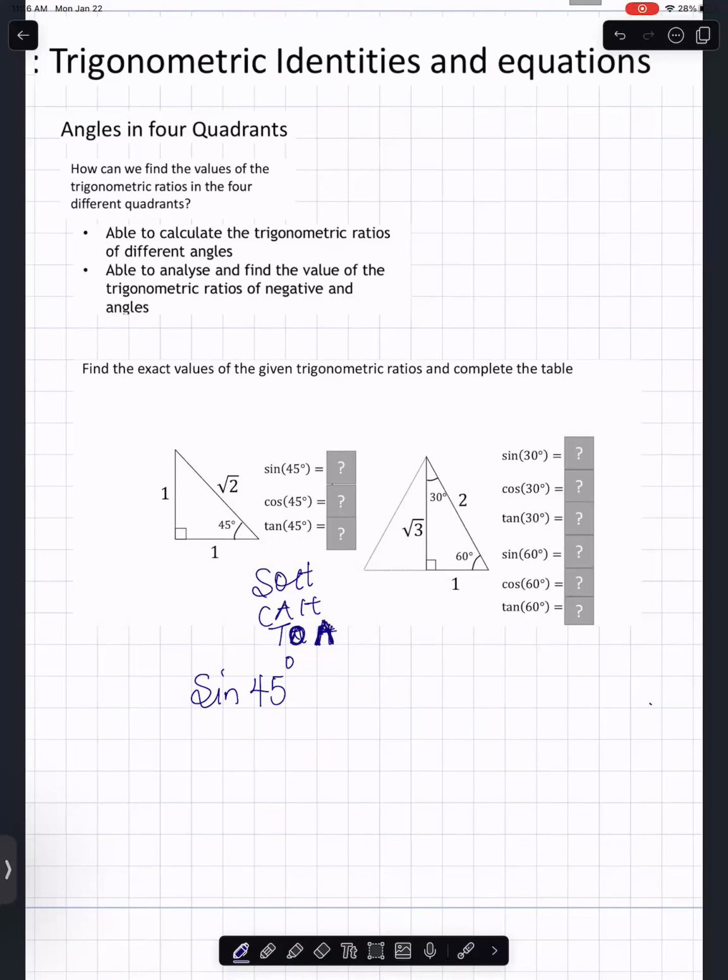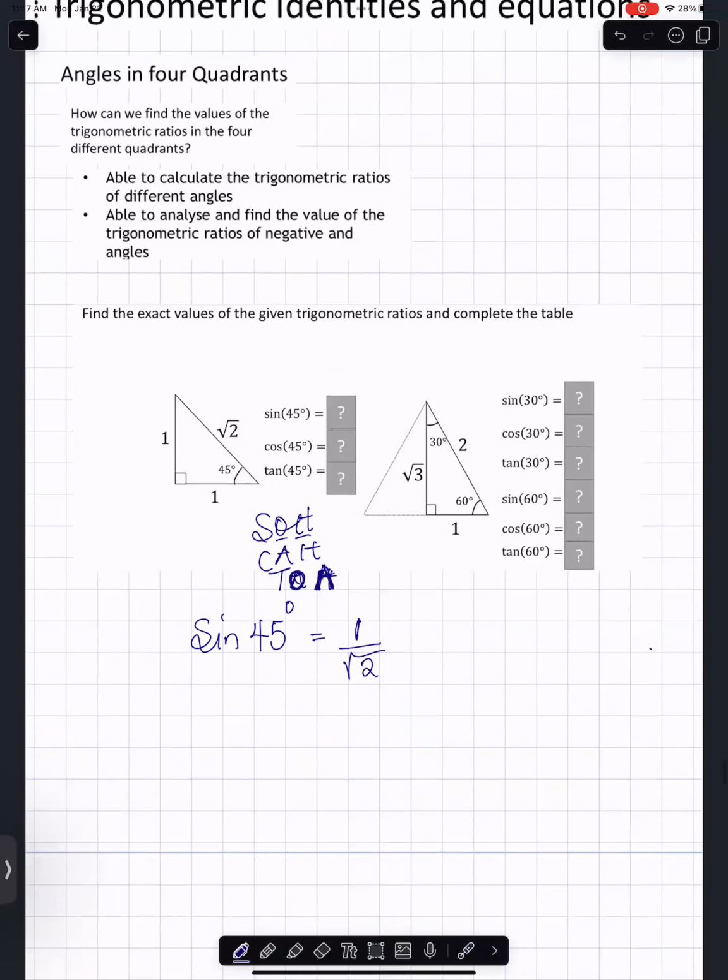We use that for solving our trigonometric ratios here, to find the values of the sine, cosine, and tan of angles. So for sine 45 degrees, you already know sine is opposite over hypotenuse. The opposite of that 45 degrees is 1, and the hypotenuse is root 2. So the trigonometric ratio for sine 45 degrees is 1 divided by root 2.